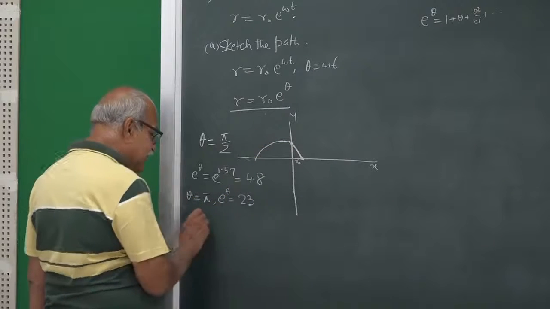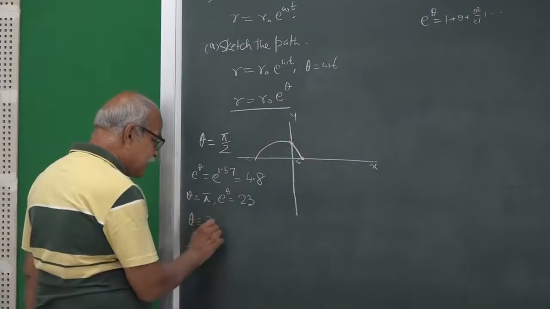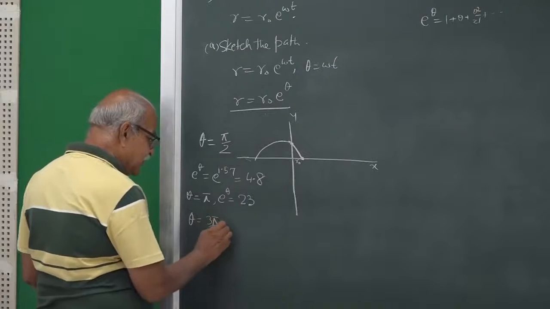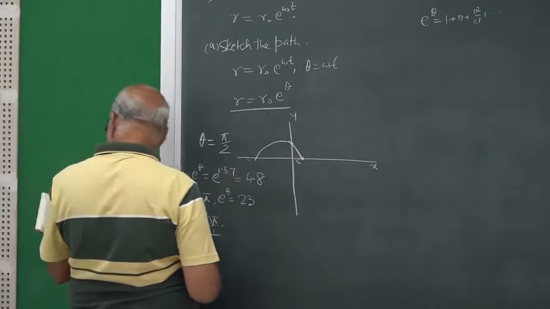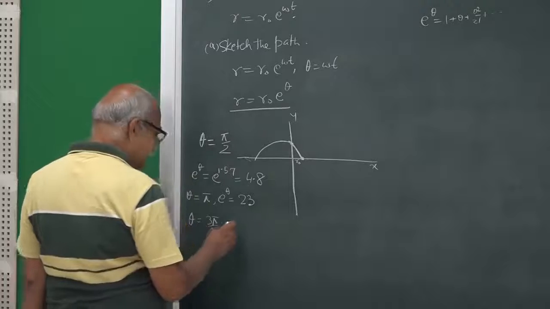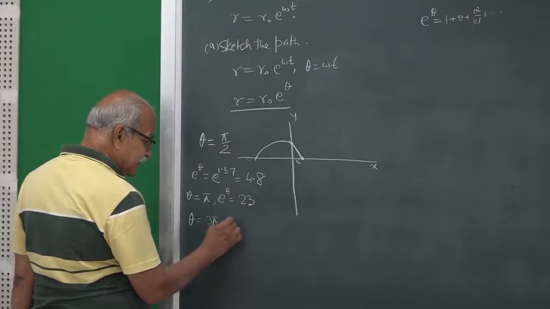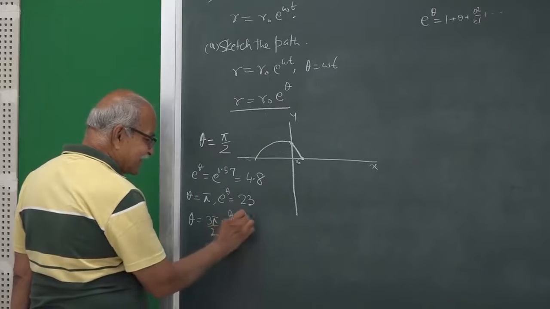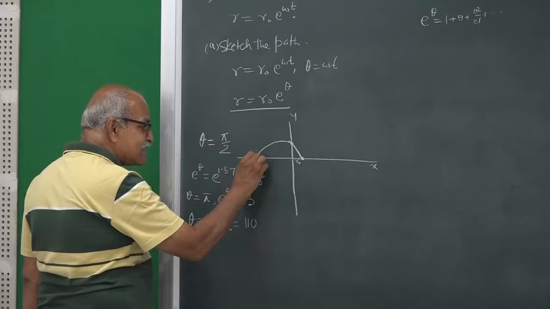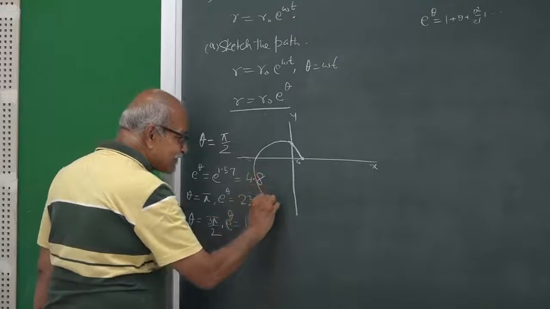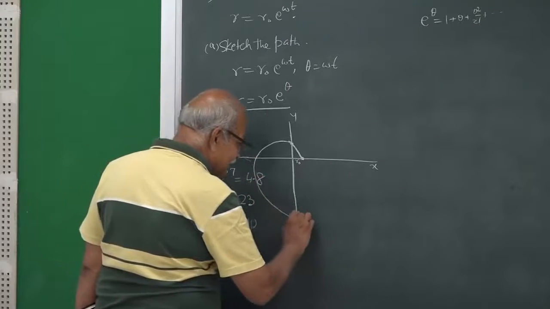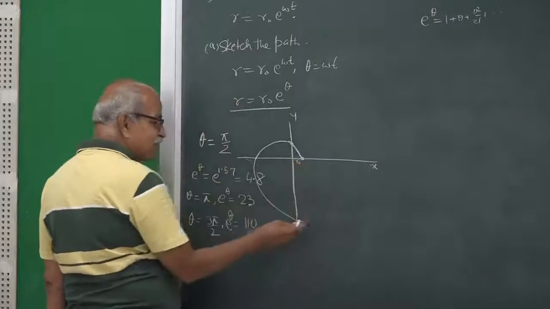And then when theta is 3 pi by 2, this is 110. This is e power theta is 110. So, it ever increases, and this is 110 times this R naught.